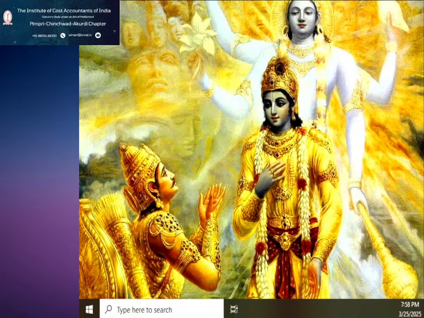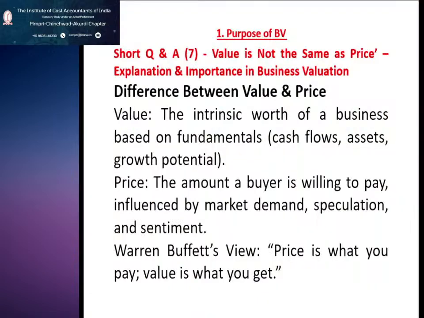Now let's understand the concept of value is not the same as price, because a lot of times value and price are confused. So what is the explanation and importance in business valuation of value and price? Let's understand. So the difference between value and price.